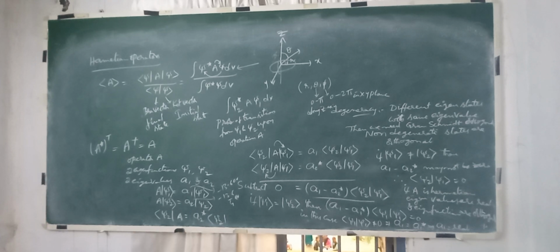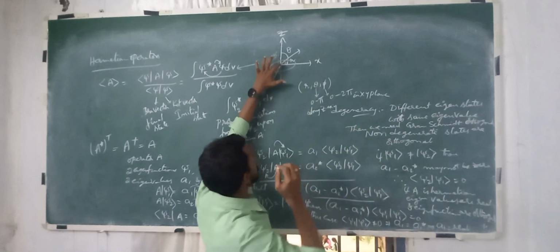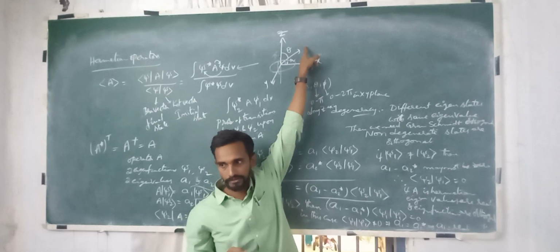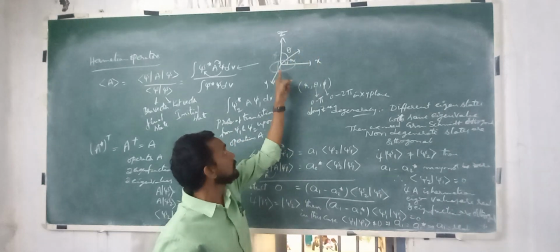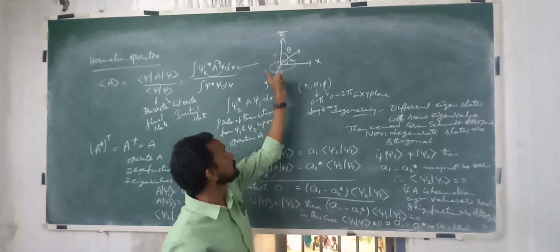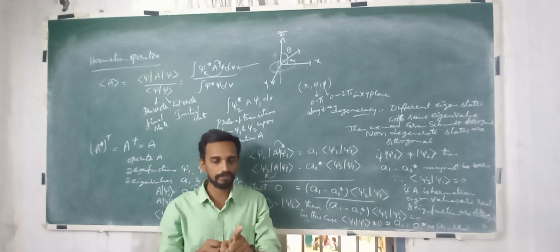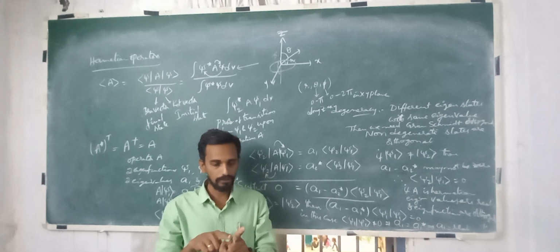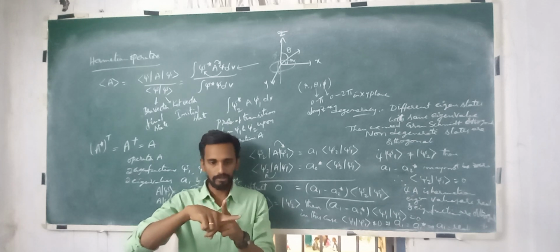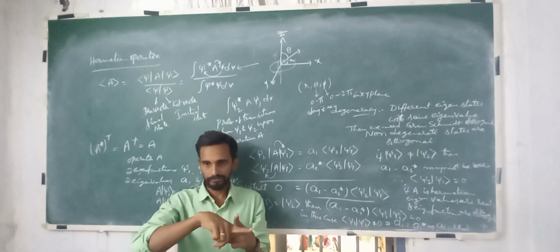So the location of electron can be specified by these three coordinates. R is the radial distance. It describes how far the electron is from the nucleus. Phi is the projection of the vector on xy plane. So in which direction the vector is oriented. Let's say if you are starting from 0 along x-axis, in which direction the given vector is.